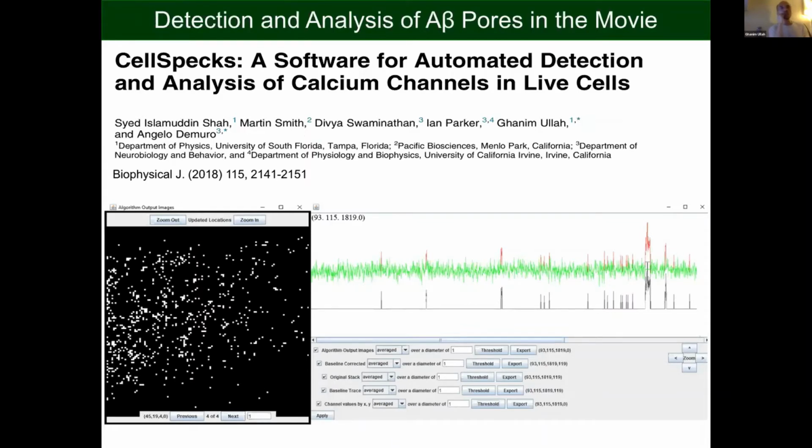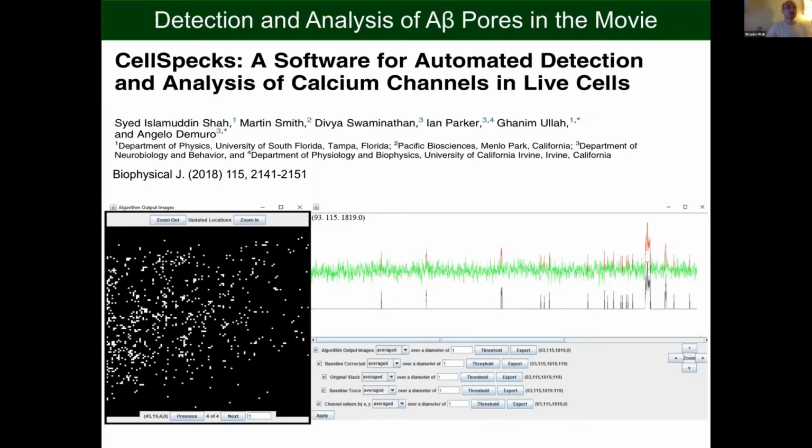So we developed this software, which we named Cell Specs. It's really a few-click software. It's a Java-based program, so you just open the program, load your movie from the experiment, and click a few buttons, and it will process your movie. And this is a map from about a 40 by 40 micron membrane.